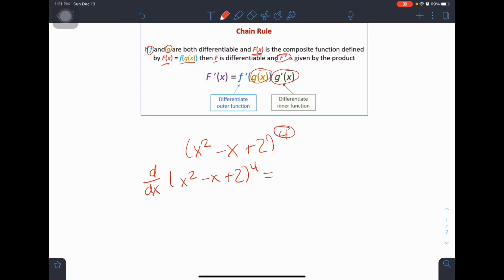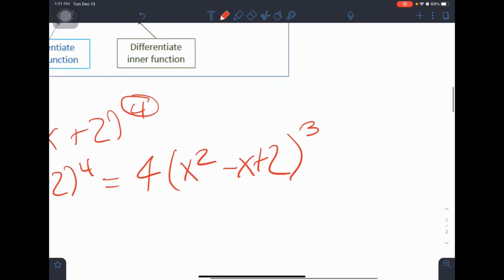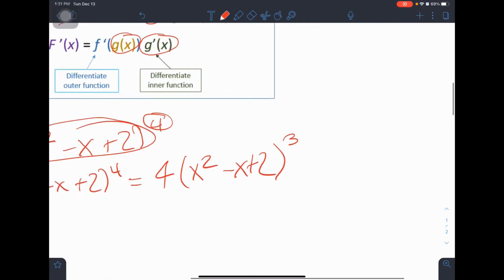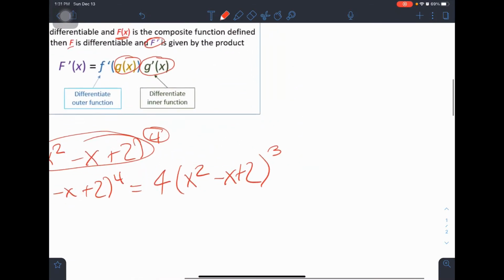So basic rules here for x squared minus x plus 2: subtract 1 off the exponent, 3. So multiply by the front, subtract 1 off the exponent, then you find the derivative of g of x, which in this instance is the interior function, and you multiply it by what you just found.